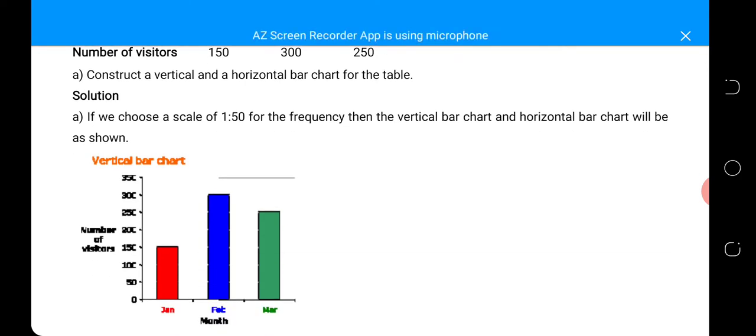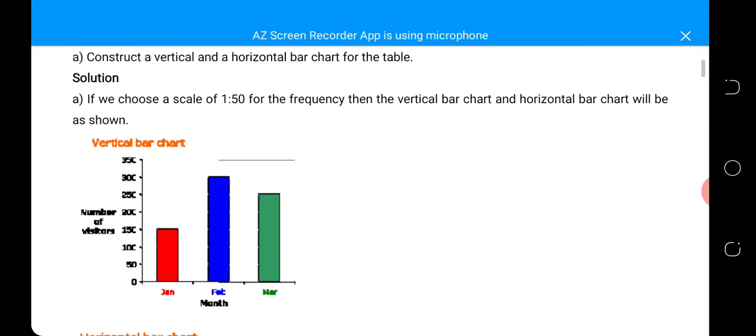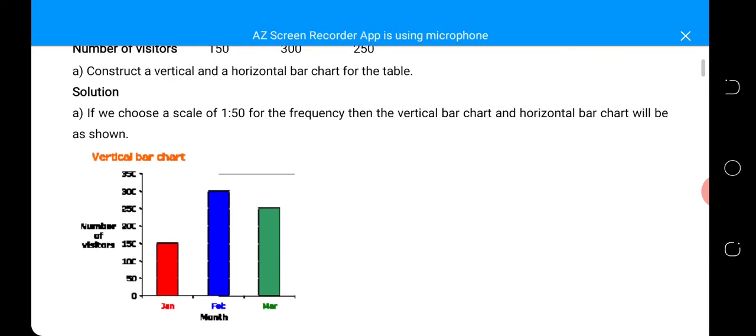Then, to draw a vertical bar chart, the number of visitors will be represented by the y-axis, while the month will be represented by the horizontal axis. So for 150 visitors in January, the length of the bar will be 3 centimeters.